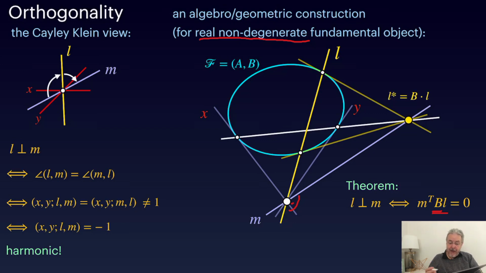Actually, we proved that theorem earlier by the following fact. We at some point considered four points on a conic and calculated the cross ratio of those four points on a conic. So we calculated this cross ratio with respect to our fundamental object in that case, and we found out that these four points are in harmonic position if the following happens.